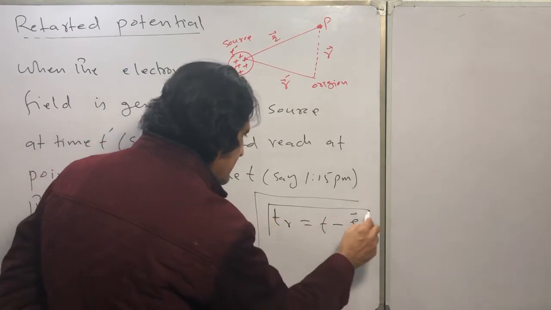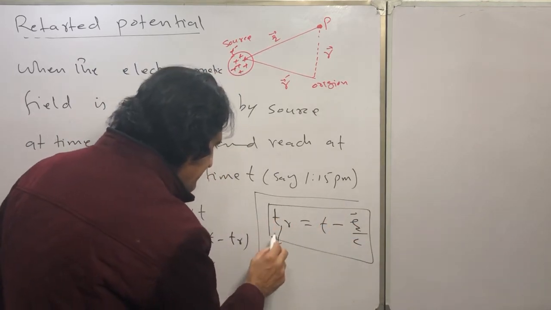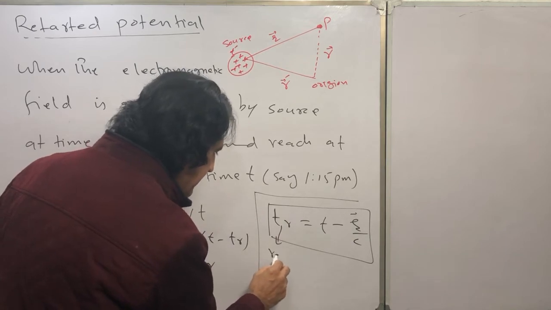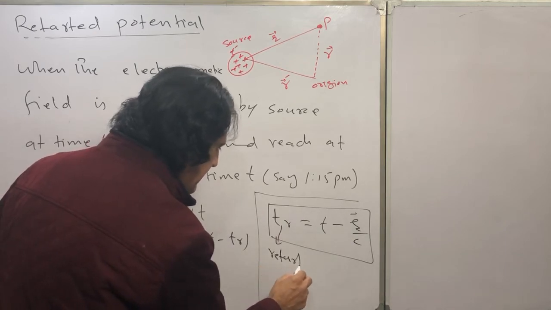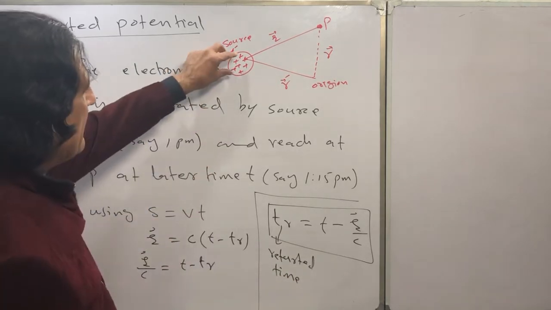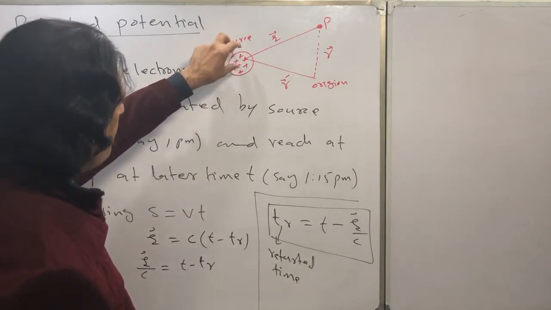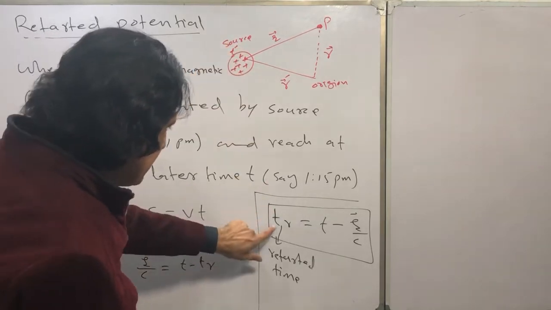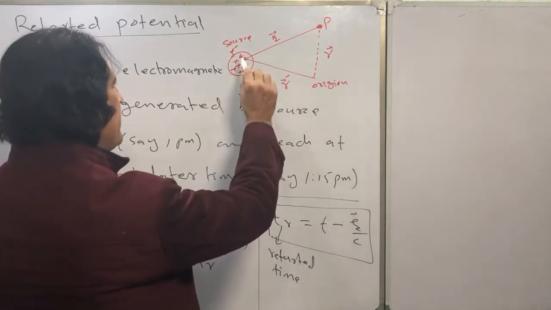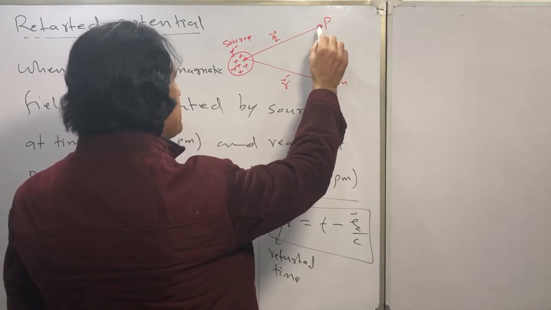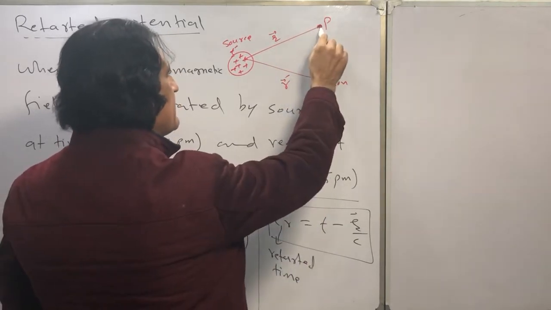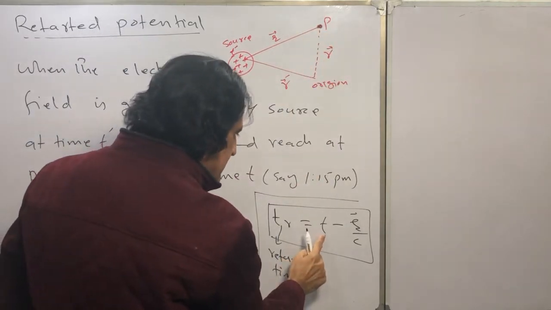So this time is the retarded time, where the electromagnetic wave is generated at tr, and when it reaches the point P, this time is known as t.